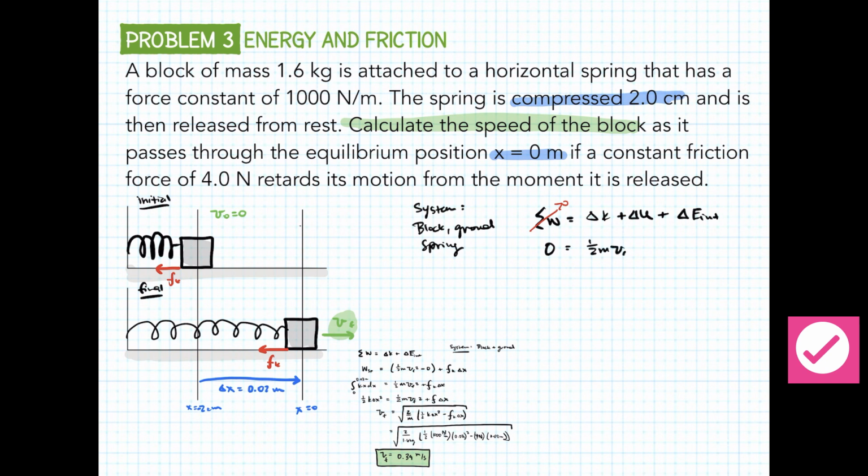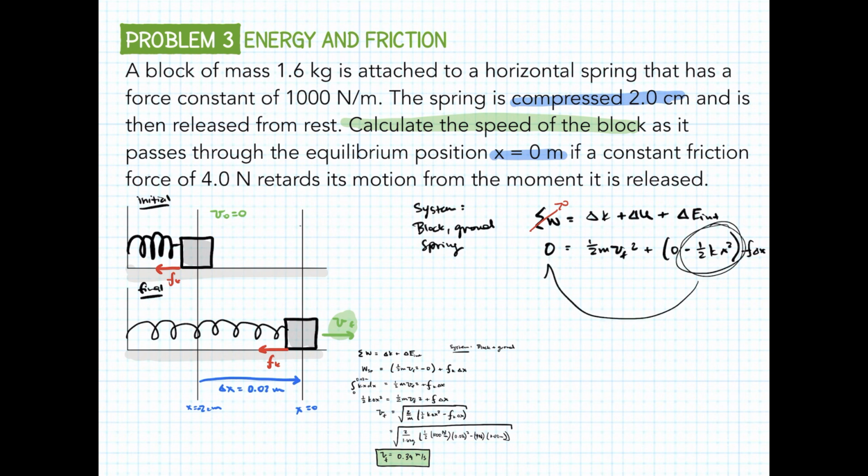So 1/2 mv final squared minus 0 plus 0 minus 1/2 k x squared minus friction delta x. And you can see this is pretty much the same thing because this term ends up being negative, so it's the same as bringing it over here. So no matter how we set this up, as long as we know the boundaries of our system, we should get the correct answer because this equation will end up looking like this equation.